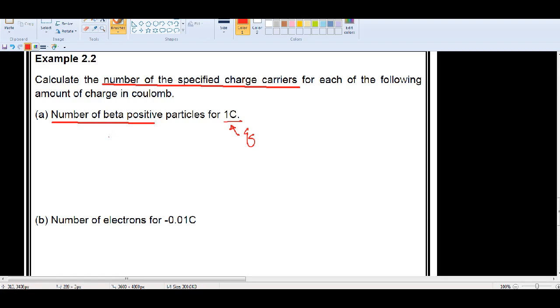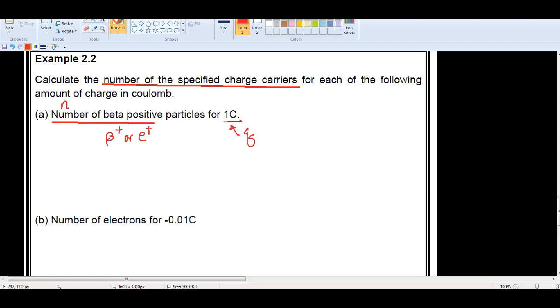Sometimes you write beta positive, or just e plus, that's a positron, or what we call a positive electron. We don't know the number, so let's say it's n.